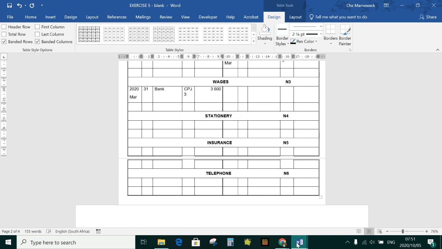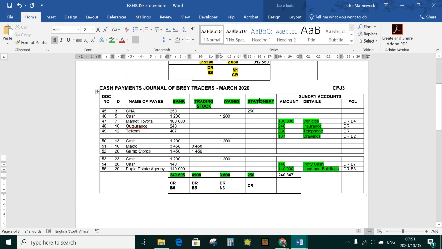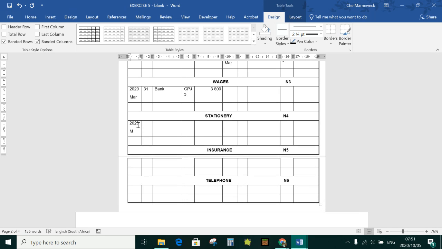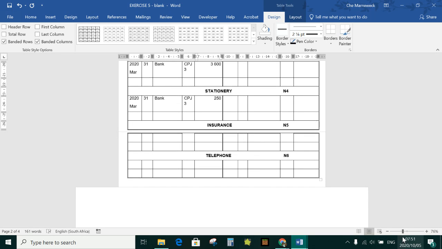Move on to stationery. It's a column, so it's going to be N4. We take the total of the column on the last day of the month. So 2020, March 31st, bank, CPJ3, and it's 250.